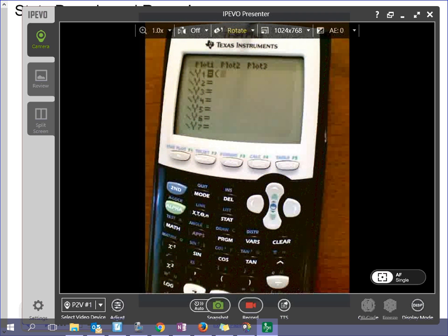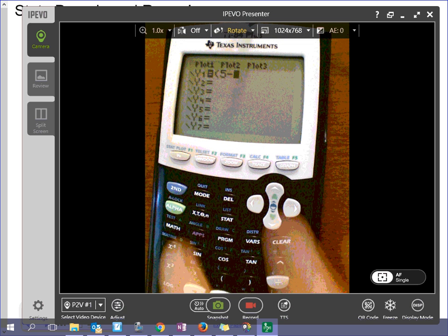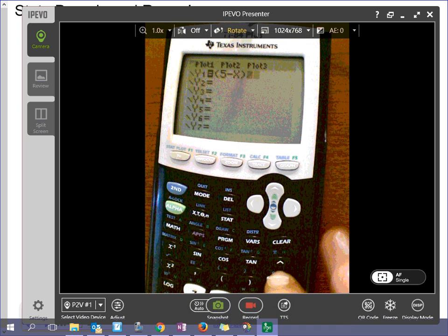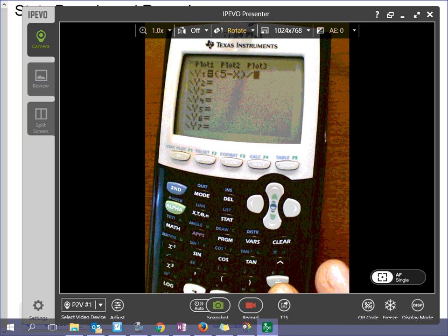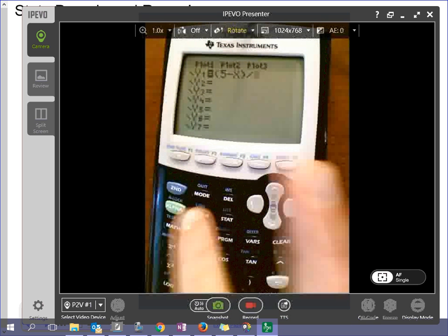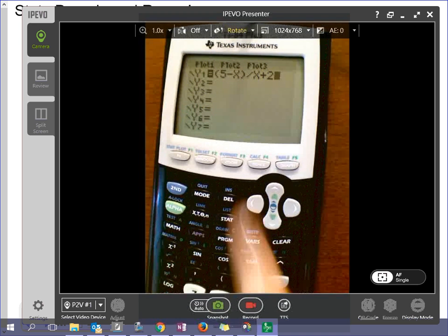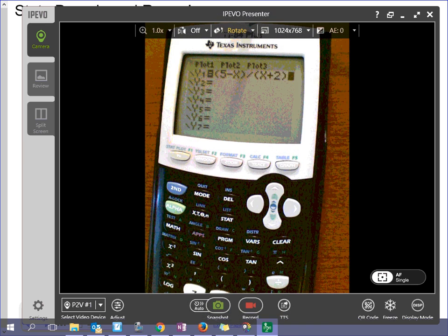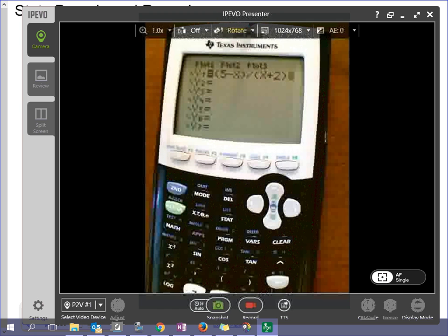Close my parentheses for my numerator, divided by x plus 2. Oops, need parentheses. So that my numerator's in a set of parentheses, my denominator's in a set of parentheses. Like I said, some of you have math print, so you don't have to worry about that.